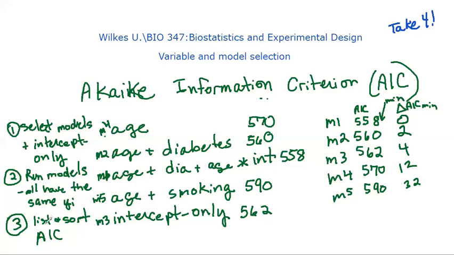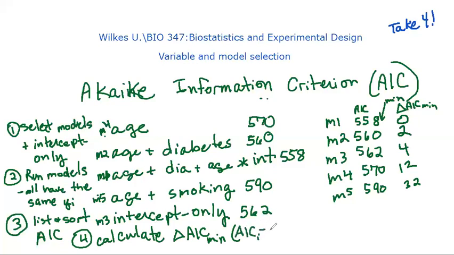So we list and sort our AIC, calculate delta AIC min, and we'll just say that that is AIC i minus AIC min.